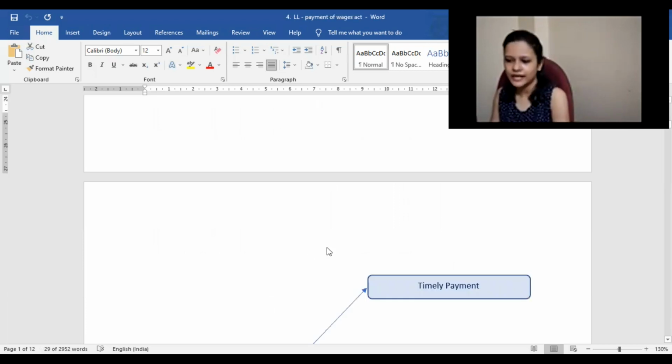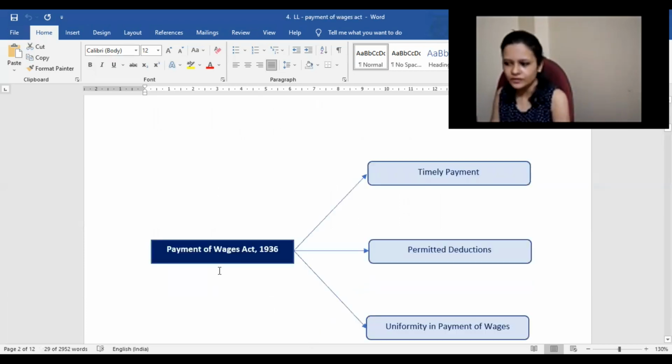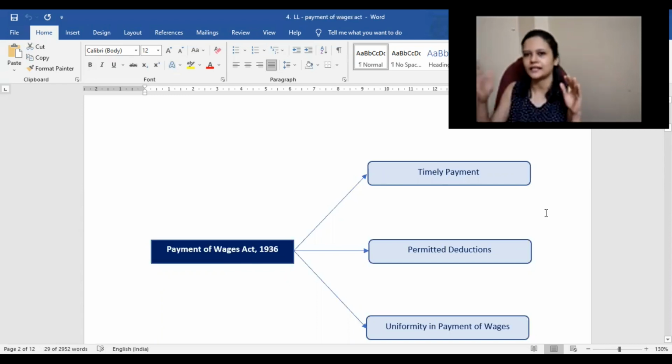Why did this legislation come? Basically because of three reasons. What are those three reasons? Timely payment. Sometimes it might be that you work this month, but the salary comes after 3 months. Those things should not happen.